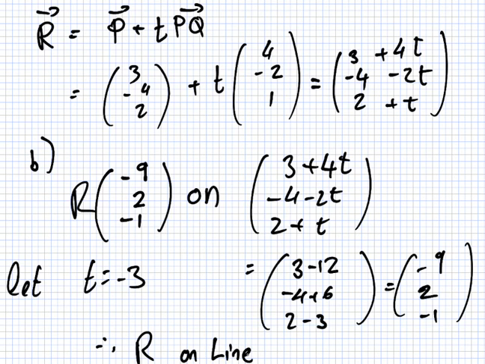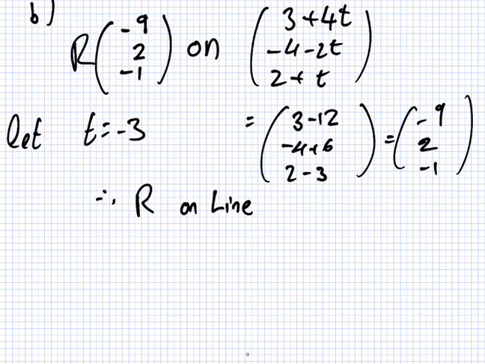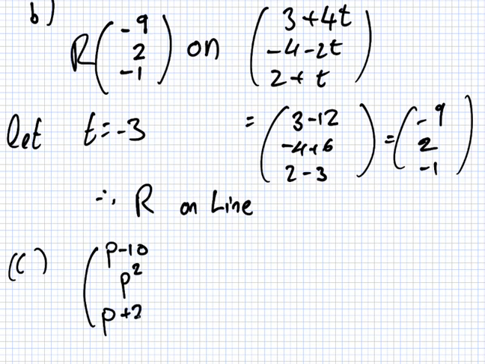Okay, can I scroll down a bit? So now C, show that the point S (p minus 10, p squared, p plus 2) is on this line. Write down in terms of p an expression for OS.